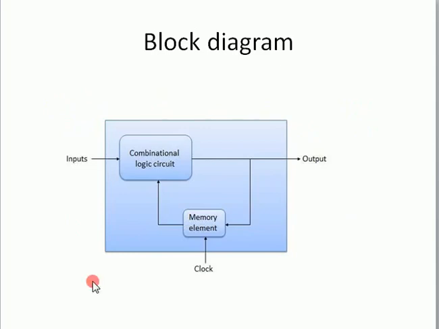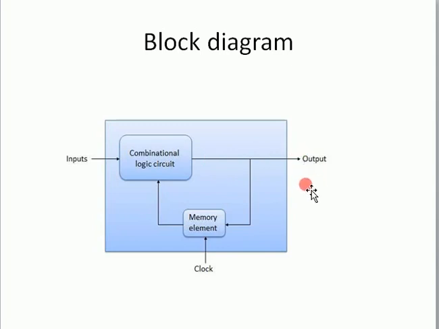You can see from this block diagram, here we have a combinational logic circuit. We give the inputs to the combinational logic circuit and get the output. This is simply a combinational circuit. But if we have a feedback, what is that feedback? The output is first stored in a memory element, and then it goes to the combinational logic circuit, and then we will get a new output.